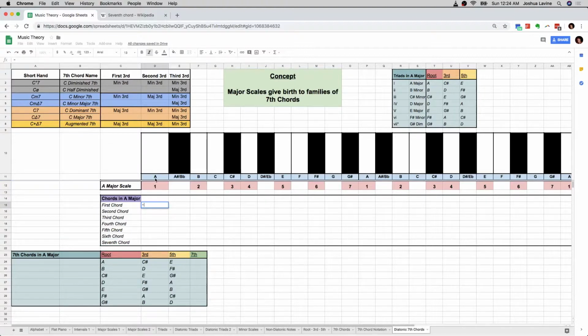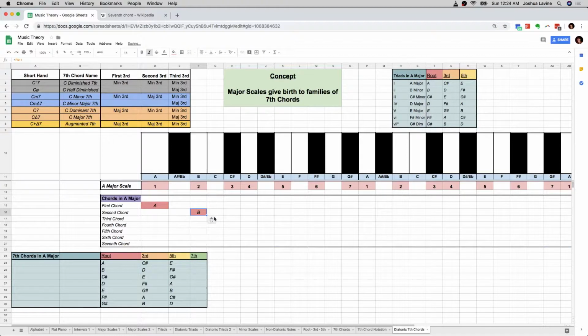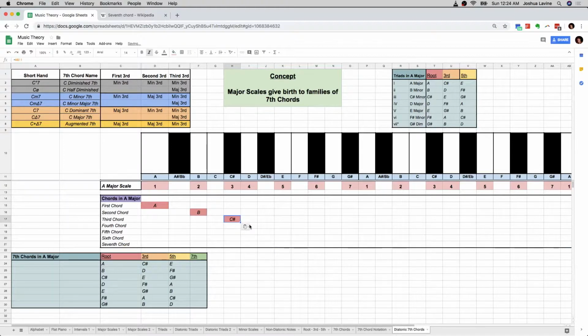And so I'm going to say equals A, and I'm going to use my special $ sign trick to lock that row in. There's A. Oh, and you know what I want to do? I want to make all of this center. I want it to be big. So A is the root of the first chord. What's the root of the second chord? Well, it's going to be B. Root of the third chord, C sharp.